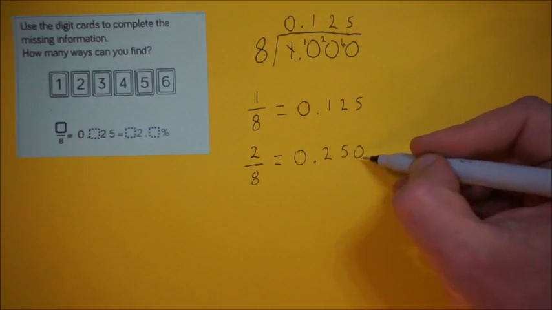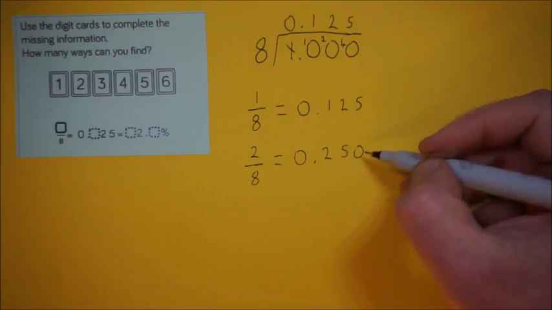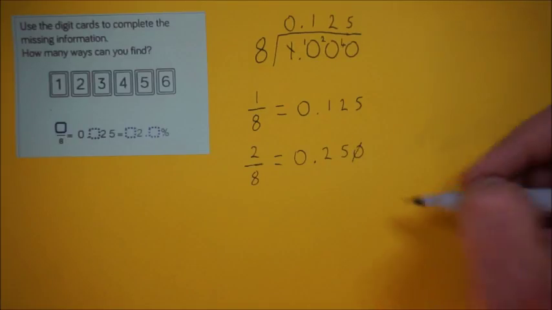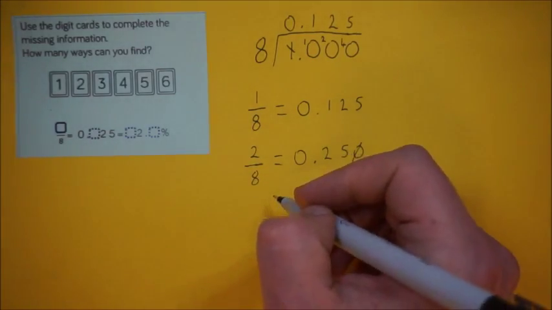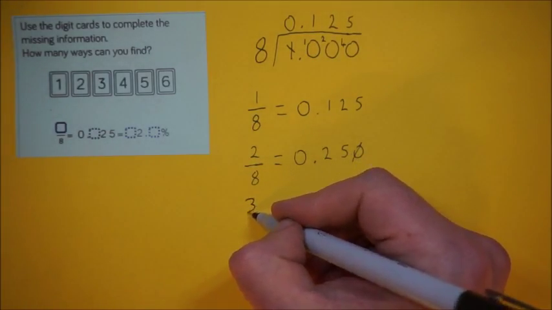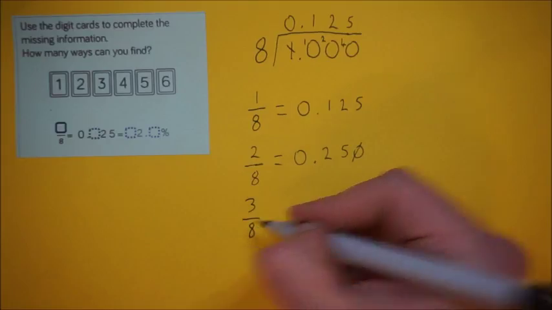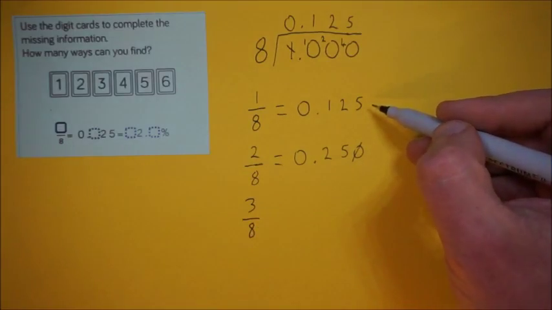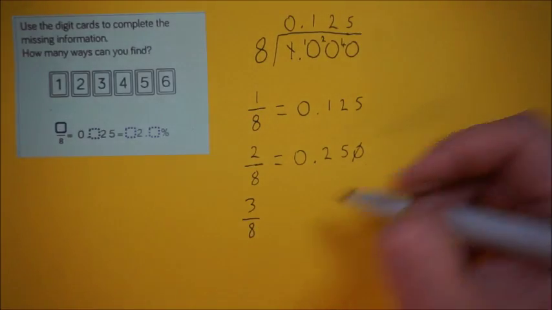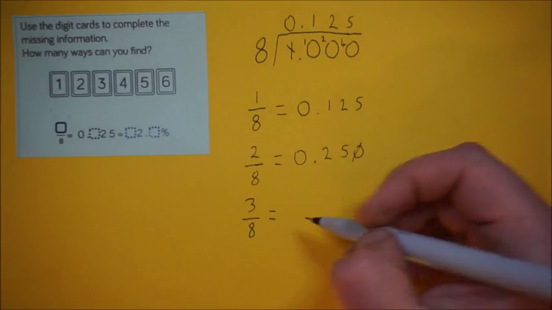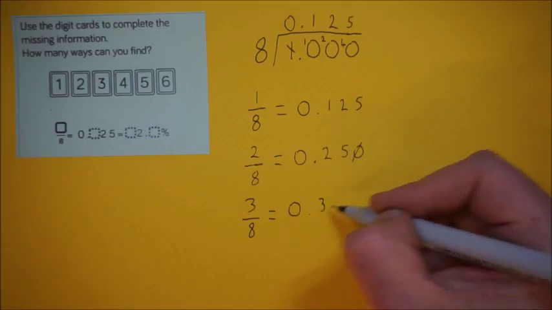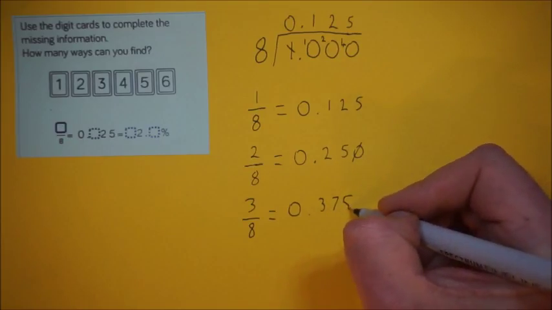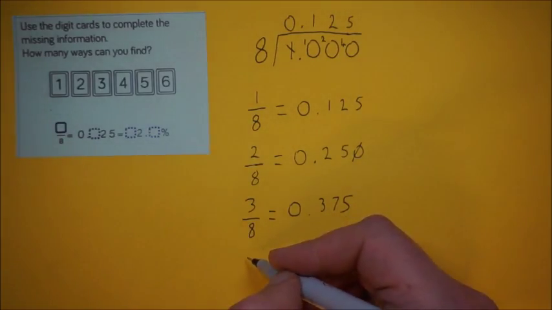Except that 0 there isn't doing anything. It's beyond the last value, so we can actually get rid of it. So we can say it's the same as 0.25. Now I'm going to do 3/8, which is just another 0.125 more than 2/8. So that is 0.375.